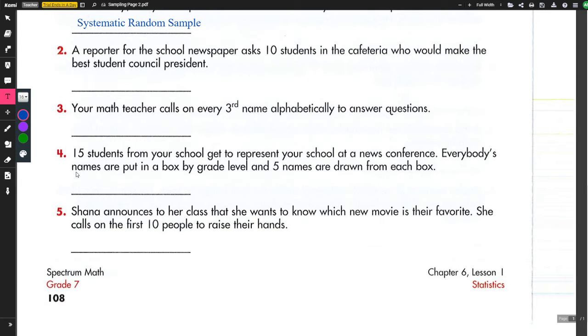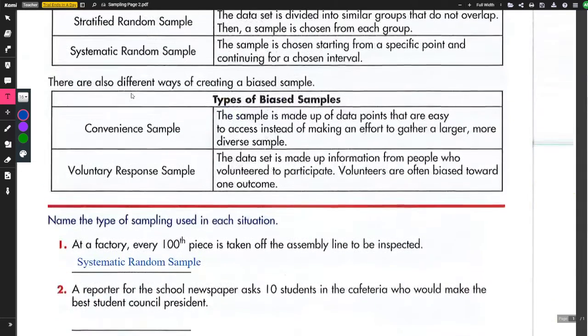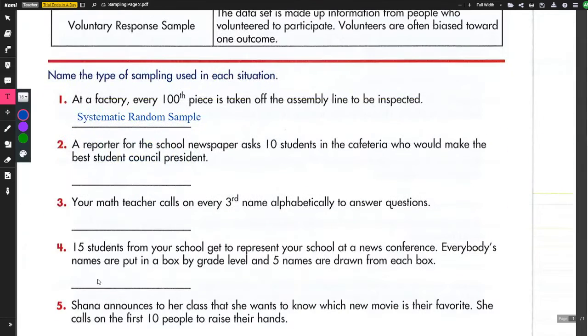So 15 students get to be the representative. So since we are a middle school, 3 grades, 6th, 7th, and 8th grade, and then we pull 5 names for each one. Kind of like my example for stratified. So this is actually stratified.